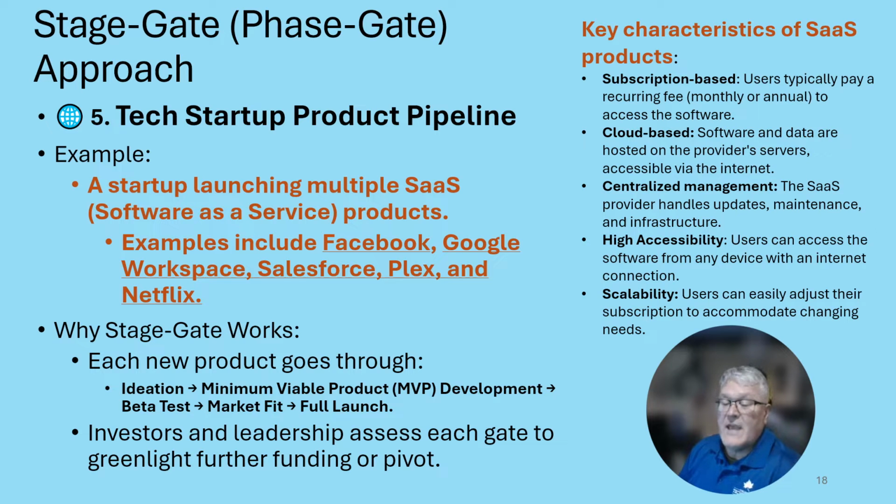Why the stage gate works here? Each new product goes through the same process. There's the ideation phase, then the minimum viable product determination phase, beta testing, market fit, and then full launch. Investors and leadership assess each gate to green light the funding or pivot, or even to stop the project.